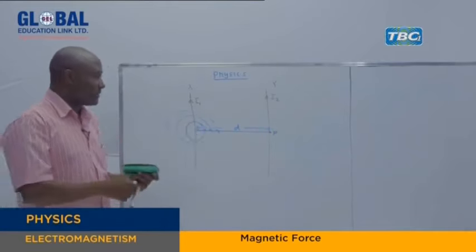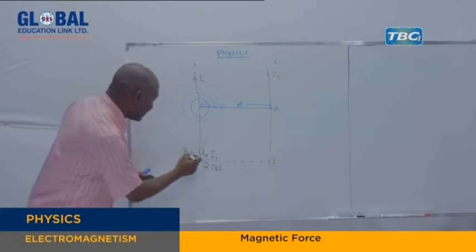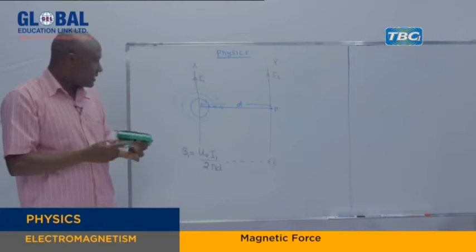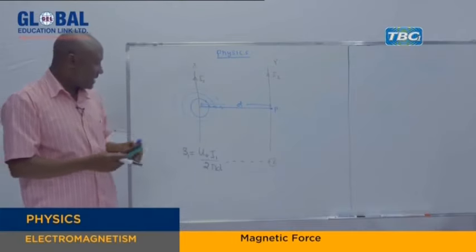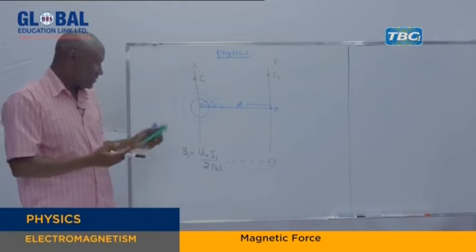The magnetic flux density of a straight wire at a point is given by mu I over 2 pi d, where d is the perpendicular distance from the wire. So this is the magnetic field. Let's call this magnetic field 1, since it is the magnetic field which has been produced by wire X. Or you can use 1 or you can use X. Let's say X now. Wire X produces a magnetic field at that point P.